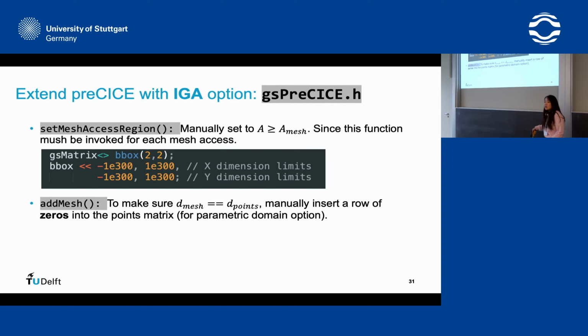And also because we try to map from our parent element, the node vector domain, to the physical domain, the domain dimension for our mesh and our points are inconsistent. So we insert a row of 0 to make sure they are equal.